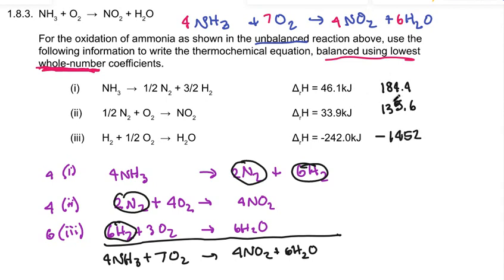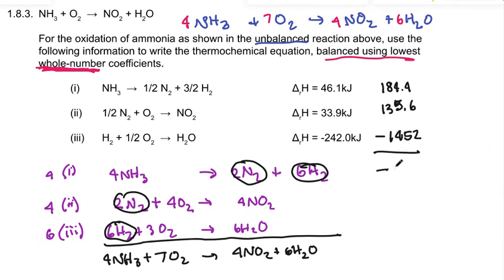None of these were flipped, so all the signs stay the way they were originally. And when you add up these 3 reactions, you add their delta H's. So we get 184.4 plus 135.6 plus negative 1452. And I swear I hit the negative there, but it didn't take. Minus 1452.